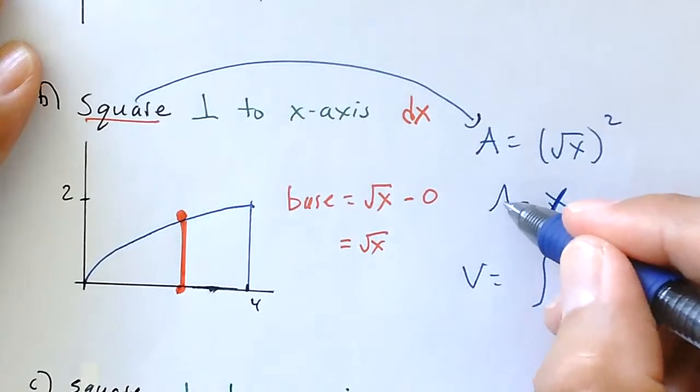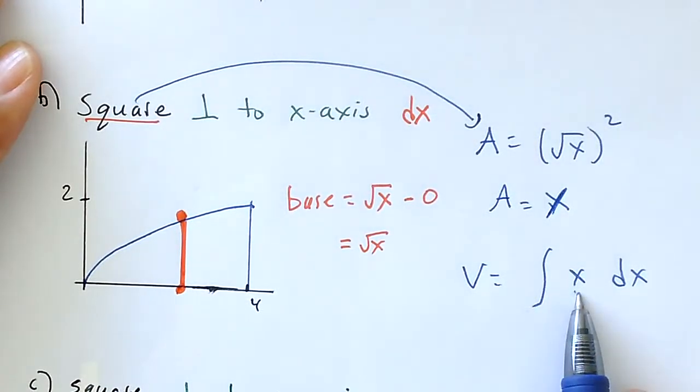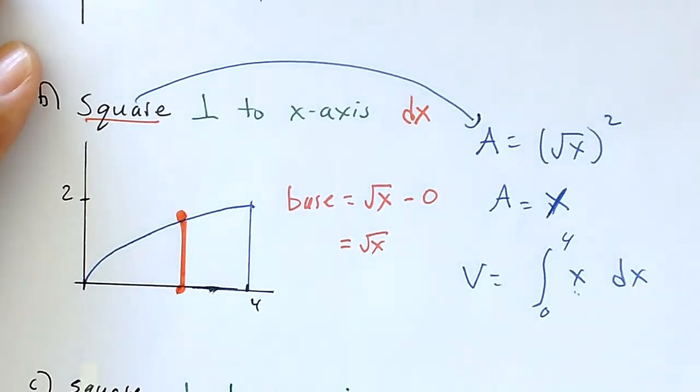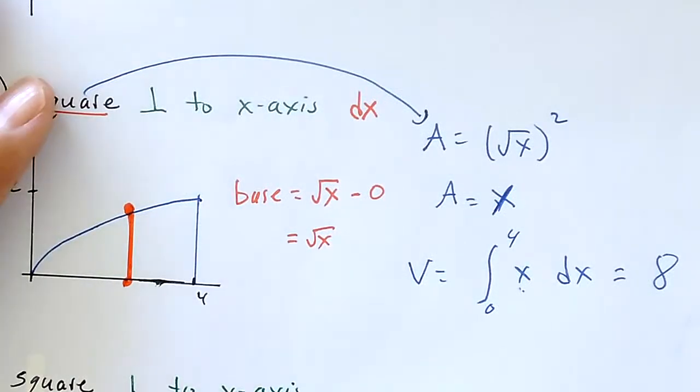That was the area of the square. And in terms of x's, looking at my graph, I'm going from 0 to 4. Okay, again, easy baby integral. You should be getting 8. That's the answer.